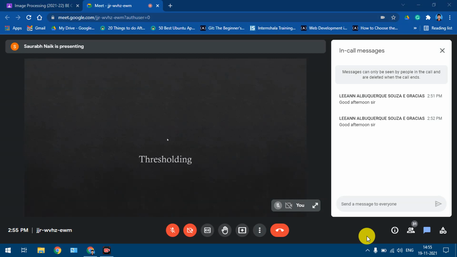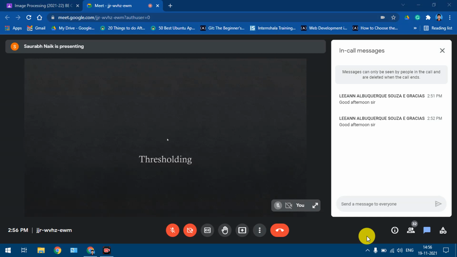Now, when we say we are thresholding a particular image, it basically means that depending on the pixel values, we are going to decide whether this particular pixel value is beyond the threshold or not. Okay, so if it is greater than the set threshold, then we consider this pixel to be belonging to that particular object. Otherwise, what we have is something called band thresholding.